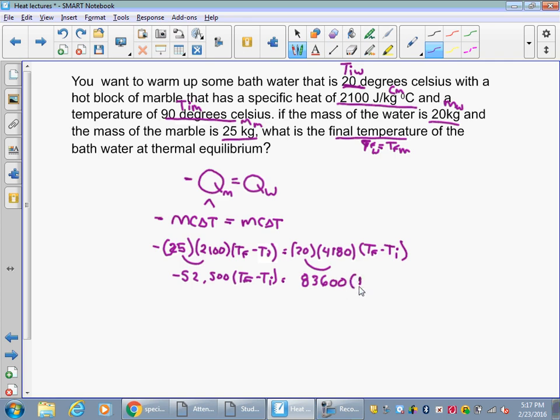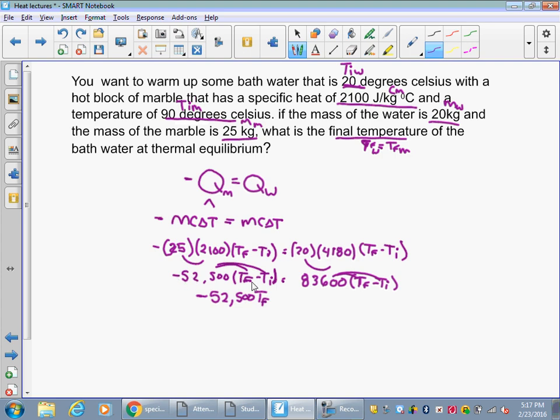And this is where your algebra is going to get put to use. Now I'm going to distribute. Remember, if you have parentheses here, you take your outside value and you multiply both of these. So negative 52,500 times T final is negative 52,500 T final.